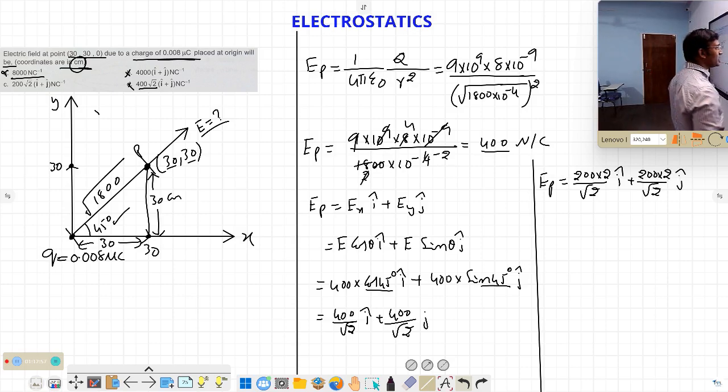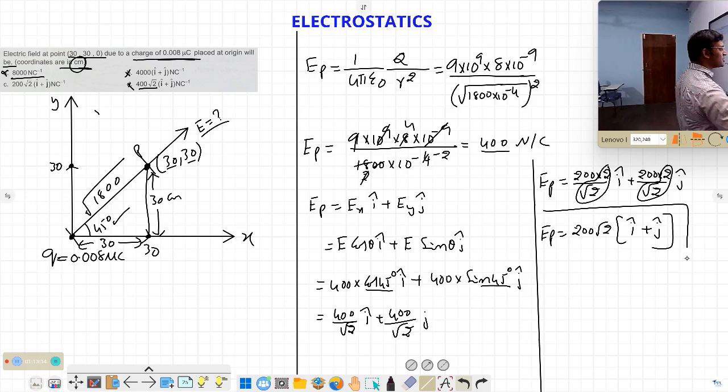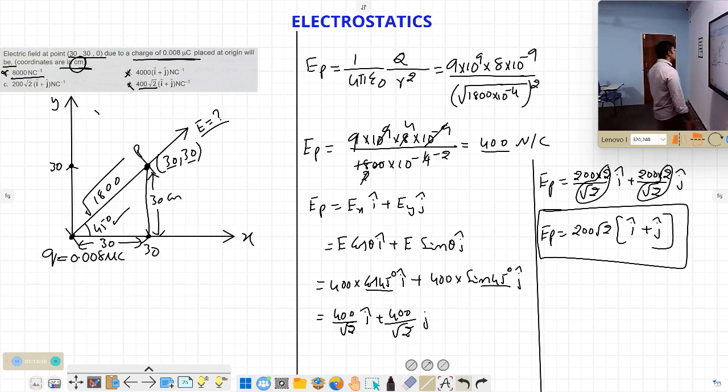If you take it like that, 2 by root 2 is nothing but root 2. You make it upwards. So if you take 200 root 2 common, we have i cap plus j cap. So the electric field intensity at that point is equal to 200 root 2 times i plus j, okay, that is the answer for the question.